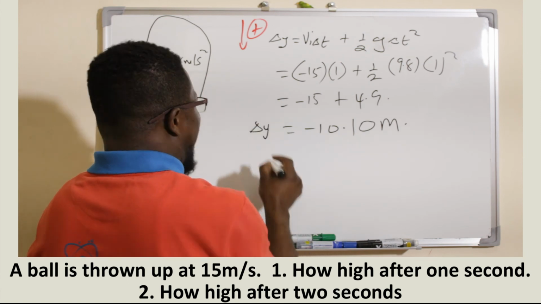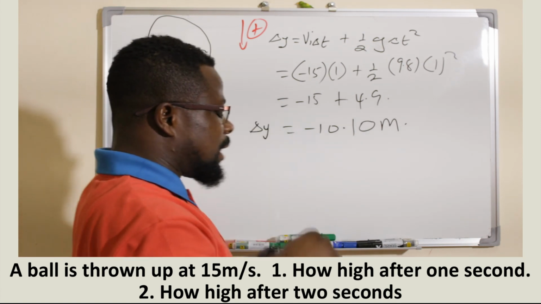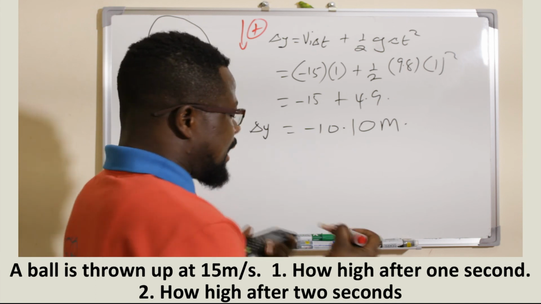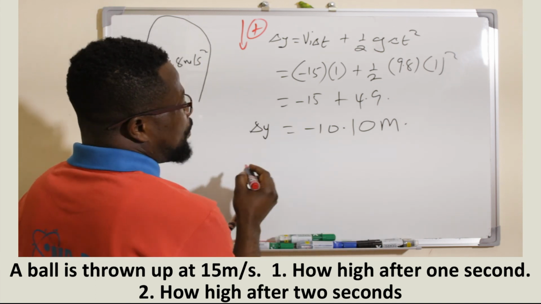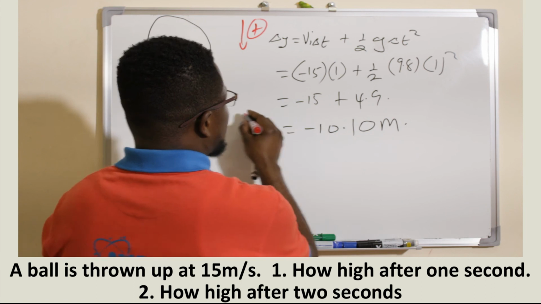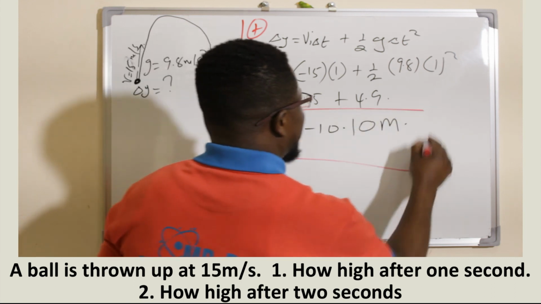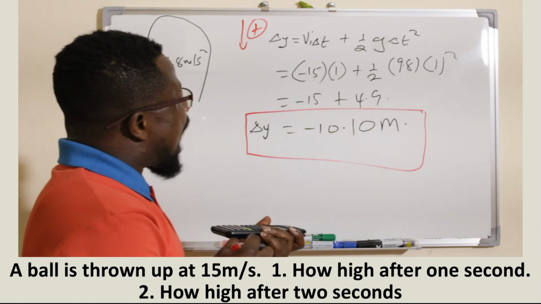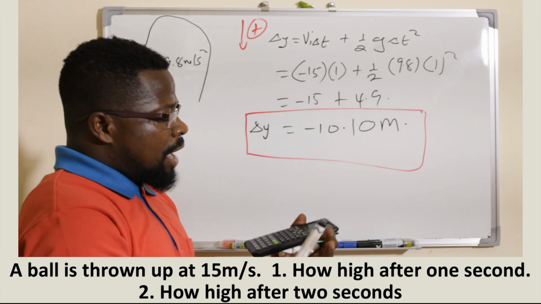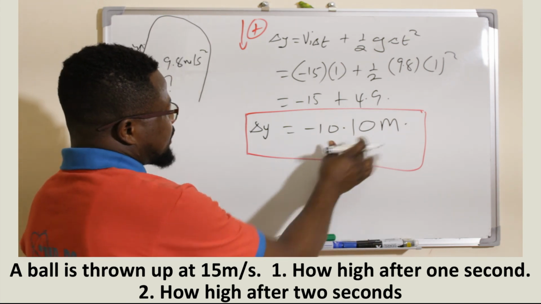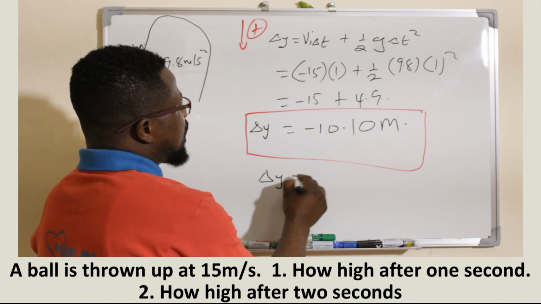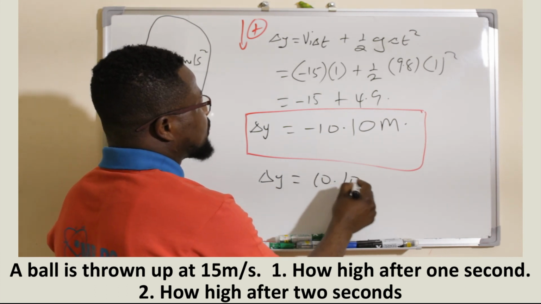So change in y, how high that object is going to be after 1 second, is 10.10 meters above the ground. This is how high it is going to be. I can also write it as change in y equals 10.10 meters.